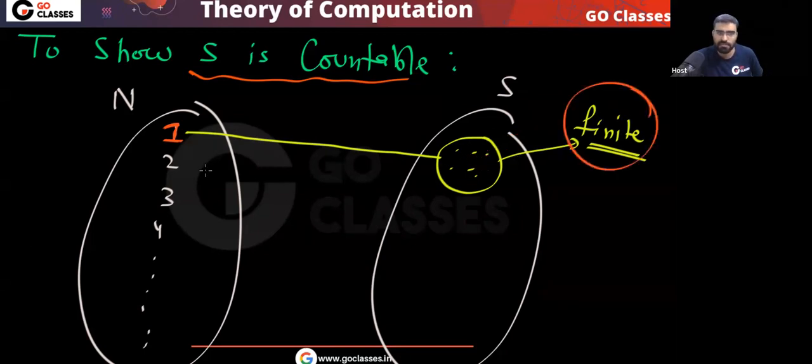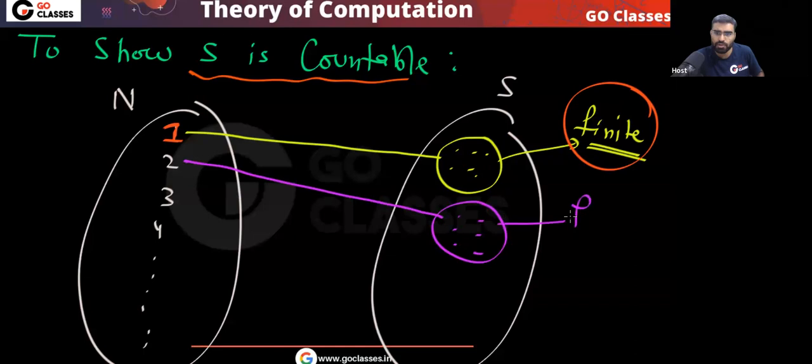Is this clear? Similarly, to 2 also you assign a finite number of elements. So a finite number of elements to 1, and a finite number of elements to 2. Should these two be the same? No, they can be different. This can be 1 crore, this can be 1,000. But the point is, to 2 also you assign a finite number of elements, and to 3 also.